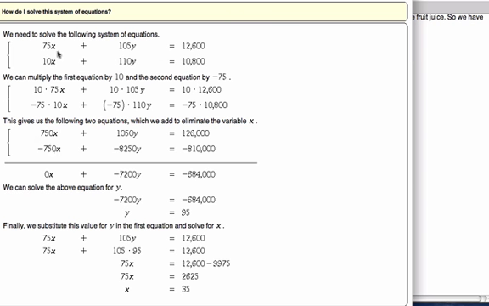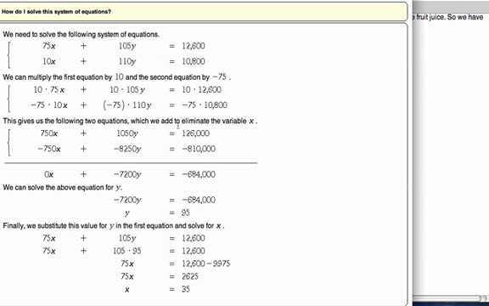Okay, so essentially remember, you need to multiply each term by 10. You can see that's what they did here in this second line, which equals 750x plus 1050y equals 126,000. Now you take the second equation, like we said, and multiply everything by negative 75.